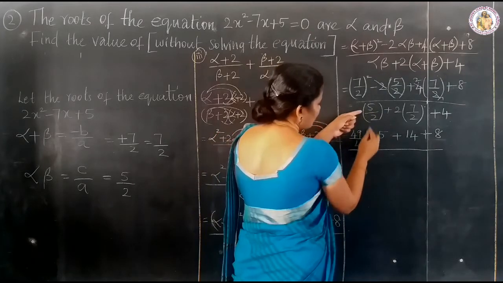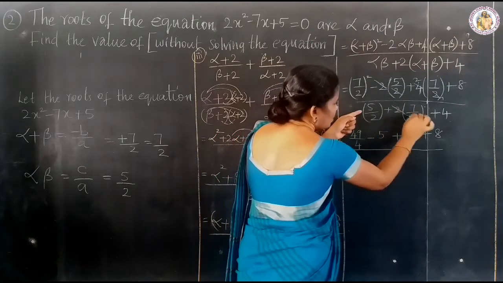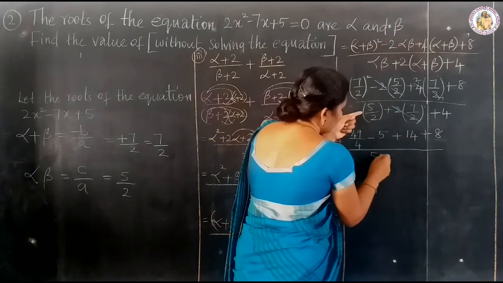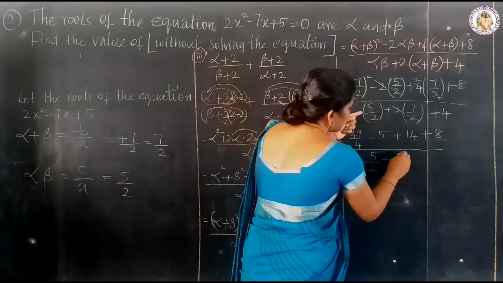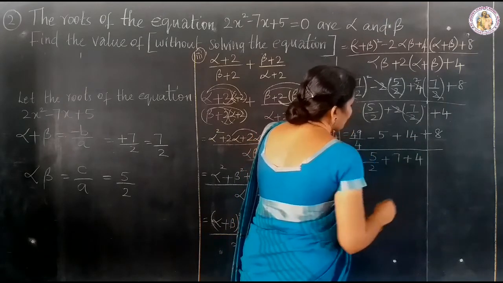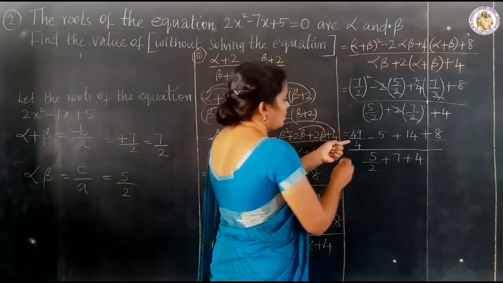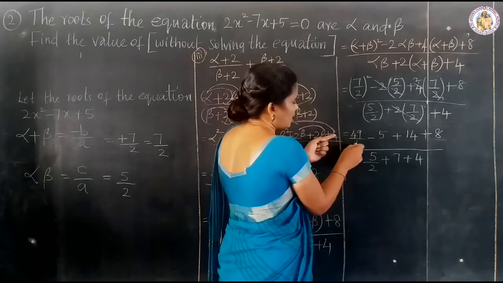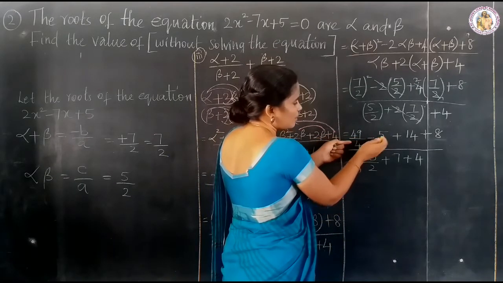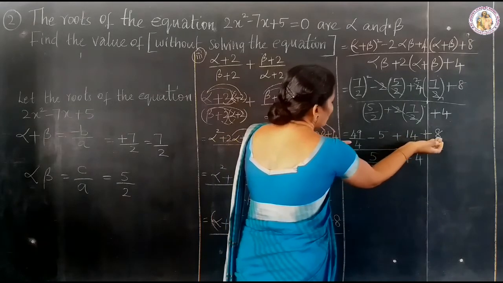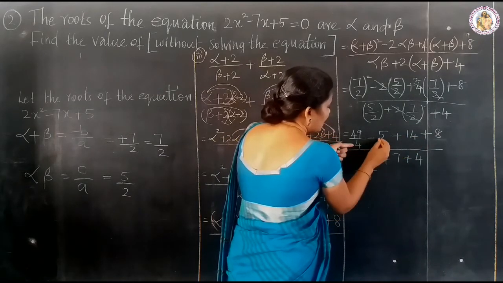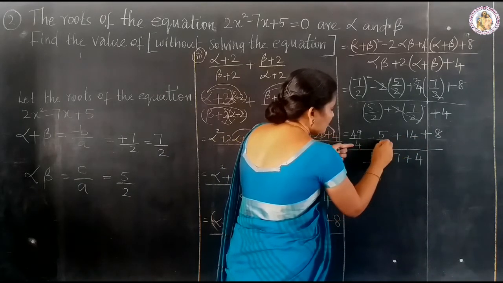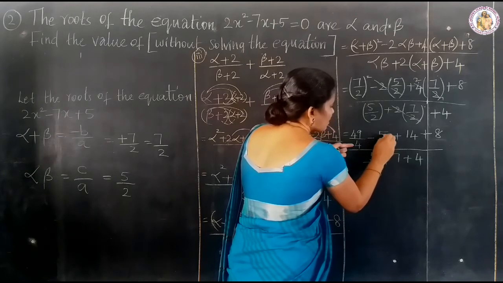In the next step, 5 by 2, here 2 cancel. So 5 by 2 plus 7 plus 4. To make it even, here 49 by 4 is a fractional number. Other numbers are whole numbers. Now to make it even, multiply with 4. 1 into 4.